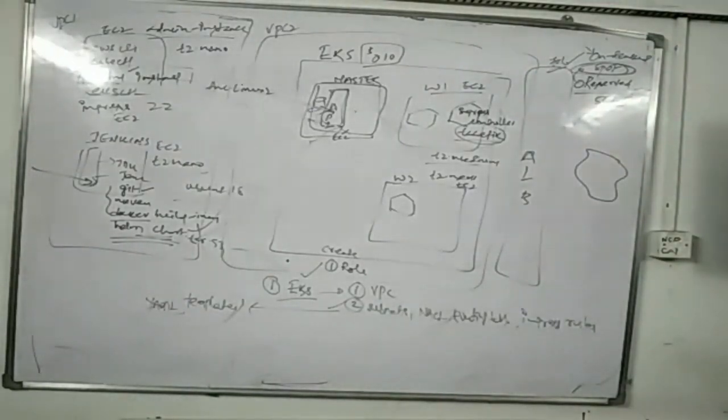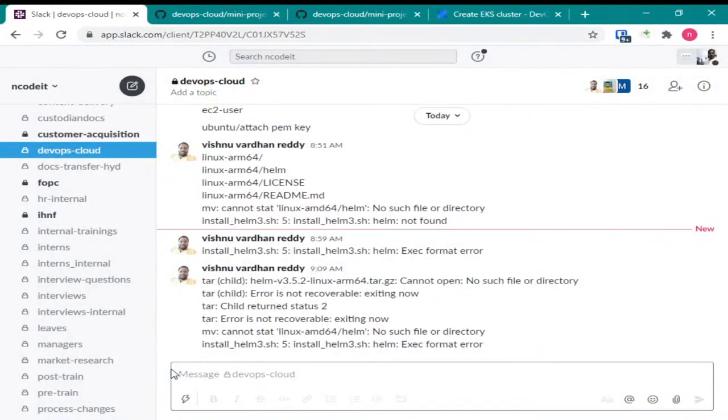Cannot open. No such file or directory, it says, which means wget did not work. Did it download a new file? You are manually running it or you are running the whole script? Whole script, sir. I run it in manual. No, it should work. Hold on, yeah.